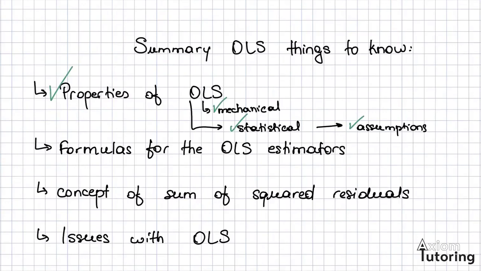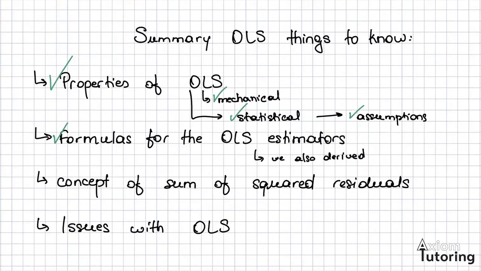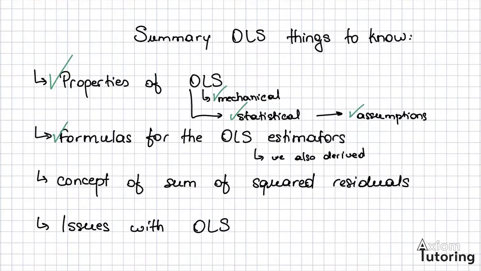Formulas for the OLS estimators. Not only do we know the formulas, but we also derived them, and we've got both the scalar and the matrix versions. So make sure you revise those videos in case you need a quick reminder. We talked about the concept of the sum of squared residuals, especially when we did the derivation of the OLS estimators.